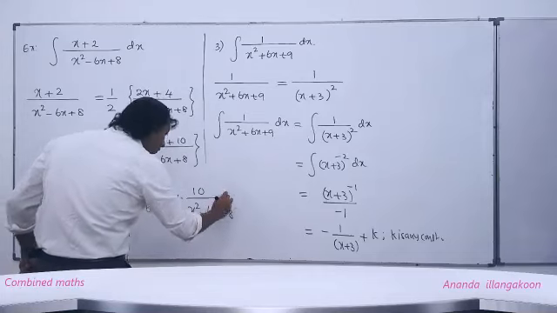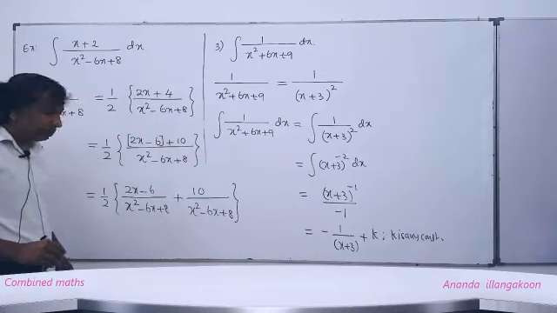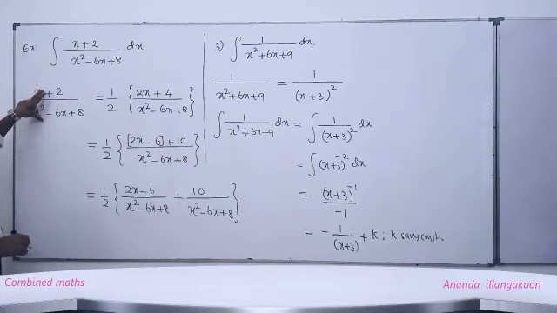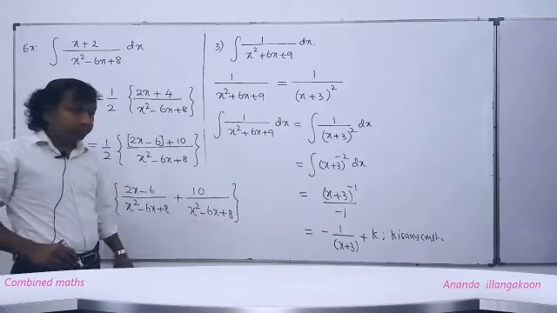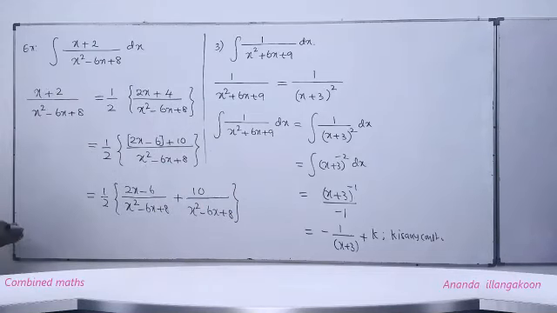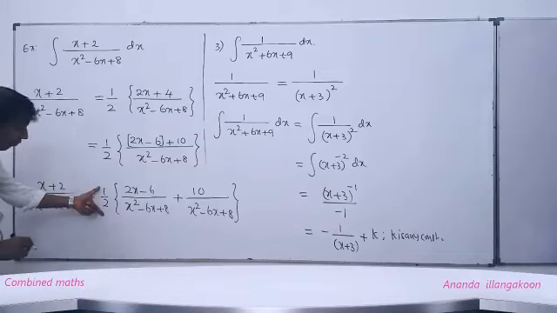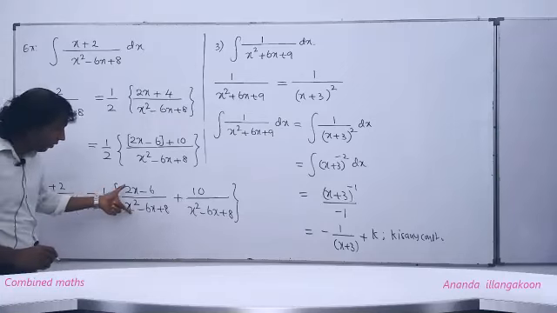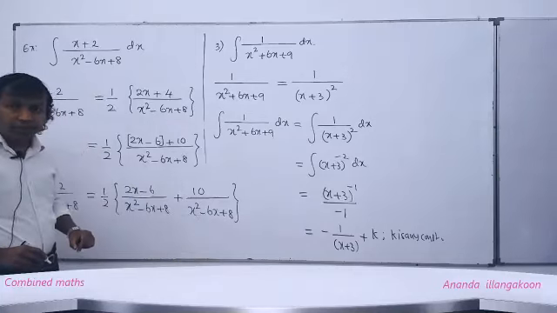This way we break it into 2 parts. Now what we do is integrate this, because we need to integrate this now. By multiplying this half, we integrate this, and by multiplying this half, we integrate this. Let's see how to integrate them.